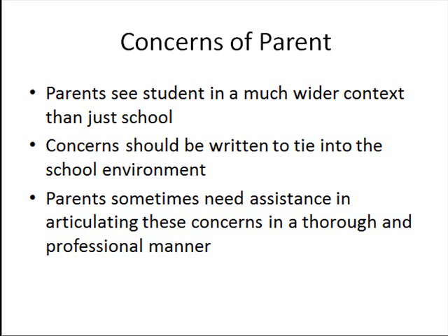So if a parent has a concern about maybe a student who has no friends outside of the school environment, okay, that's outside of the school environment, but a teacher could tie that back into the idea of maybe parents might be concerned with the student's ability to participate in extracurricular activities after school. That would therefore give them perhaps more friends after school.